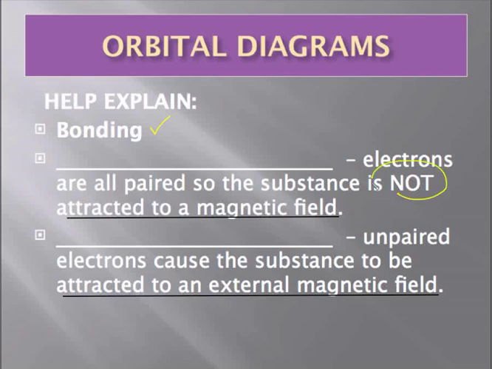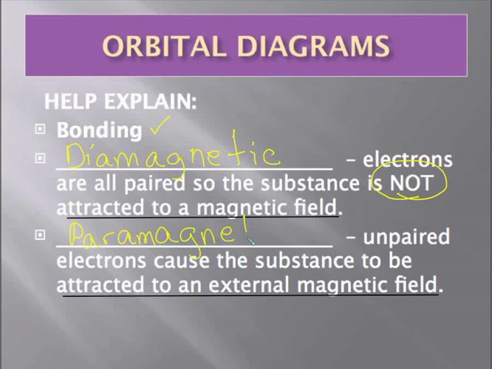So those that are not are said to be diamagnetic. So that's a vocab level word. You're not going to have to do a whole lot more than do an identification or use an orbital diagram to explain why a substance is diamagnetic, or conversely, why it is paramagnetic.